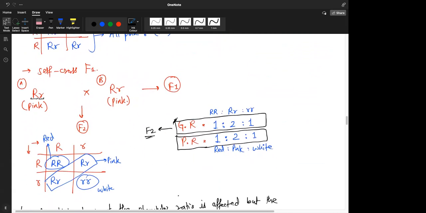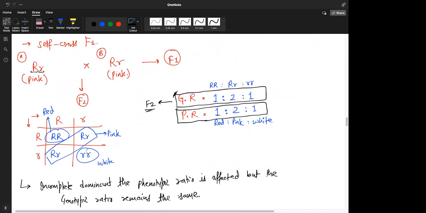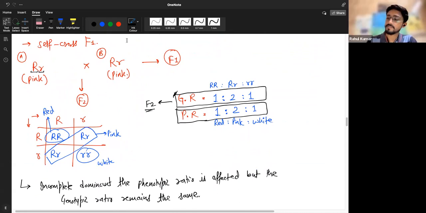And what happens to the genotypic and phenotypic ratio? The genotypic ratio is 1:2:1, and the phenotypic ratio is the same, 1:2:1, and we are getting 3 types of phenotypes. Phenotypic ratio is changed; earlier it was 3:1.